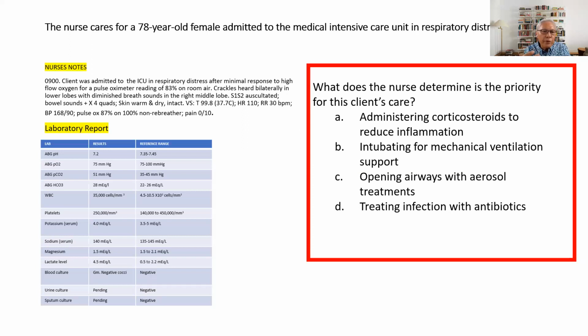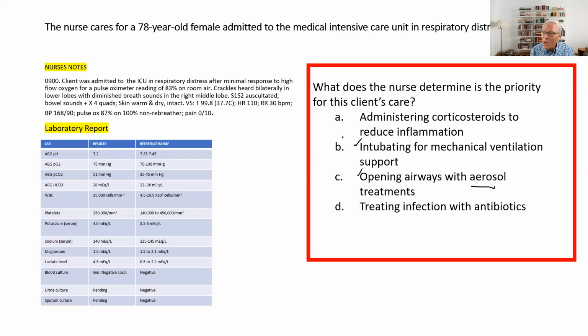Which one is more important? The respirations, right? The airway. Okay, so what is the problem here, or what is the support? Intubation versus opening the airways with aerosol treatments. When do you use bronchodilators? You use bronchodilators in obstructive pulmonary disease or asthma, but this is not asthma. So what you need to do is going to have to intubate.